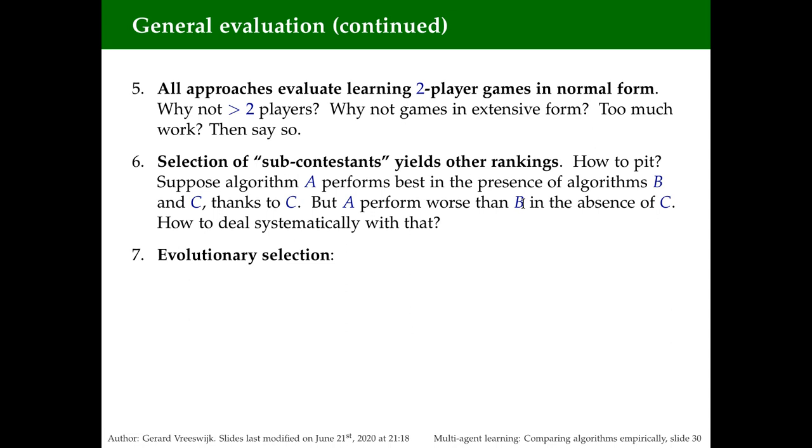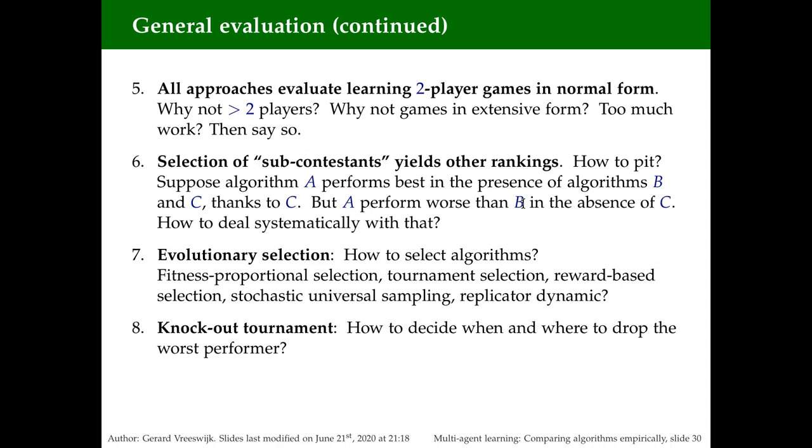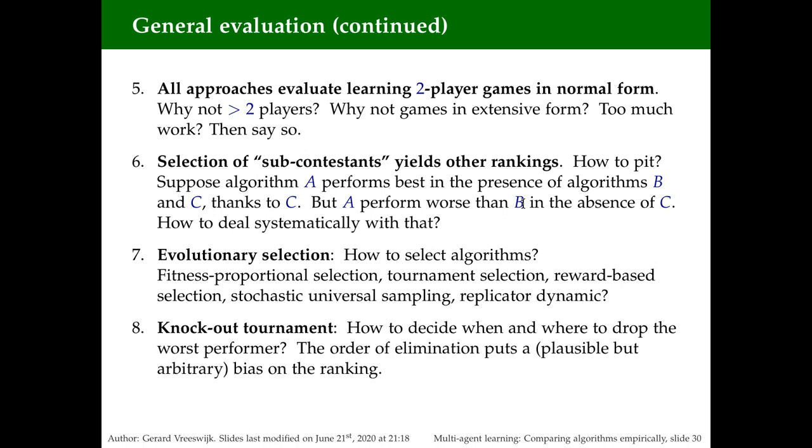Then the problem of dealing with evolutionary selection, how to select algorithms: fitness proportional, by tournament selection, by reward-based selection, by other selection methods, by replicator dynamics. Then the problem of organizing a knockout tournament, how you decide when and where to drop the worst performer. We saw that Busey made some choices here, but those choices aren't very well explained.